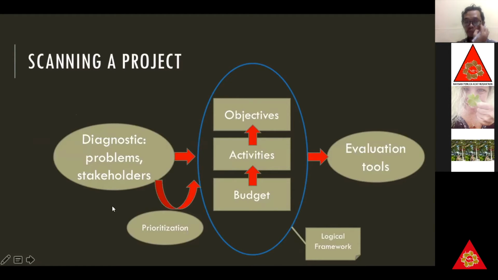Because sometimes in a community or in a village, we have lots of problems. We have so many things we would like to change. So you have to make a prioritization to say, well, this is the most important problem. And the other, yes, they exist, but you will only work to combat, to fight this problem. So this is the prioritization.